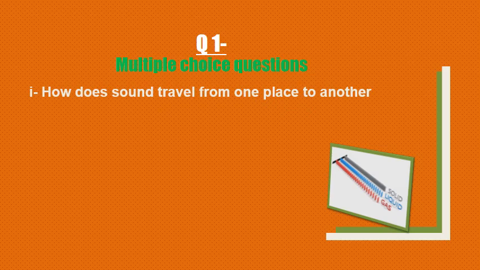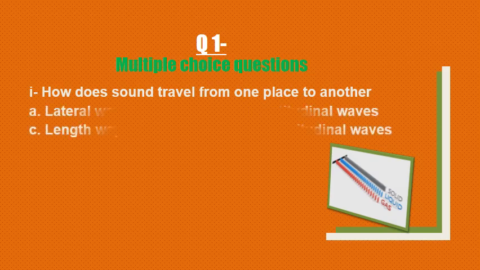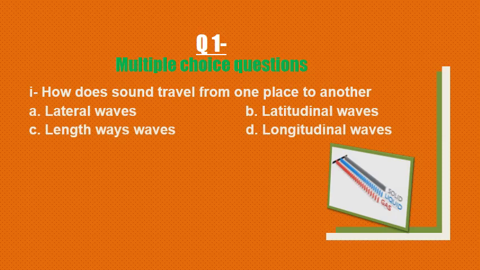Our first question is, how does sound travel from one place to another? Let's see what options are given to us. A, lateral waves, B is latitudinal waves, C is lengthways waves, and D is longitudinal waves.